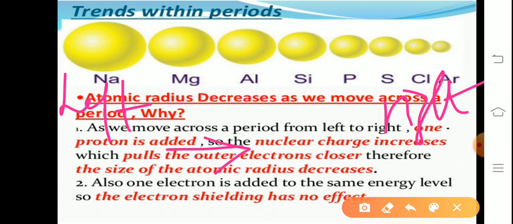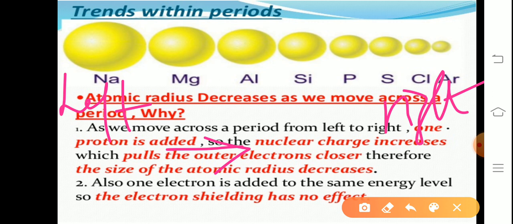As we go to the right, electrons enter into the same main shell, so there should be no change in the distance between the nucleus and the outermost shell. If the electron enters into another main shell, then there will be a difference. But here, as we go to the right in a period, the electron is entering the same main shell.